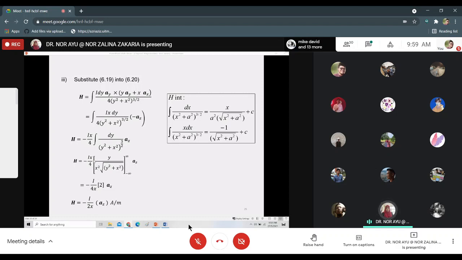Alright, so you just left with 1 over x. Okay, and then because dia adalah negative infinity to infinity, so it will be 1 plus 1. So that's why dia jadi 2 kat sini. And then you will have your final answer, negative 1 over 2x az. Okay? Boleh ya?